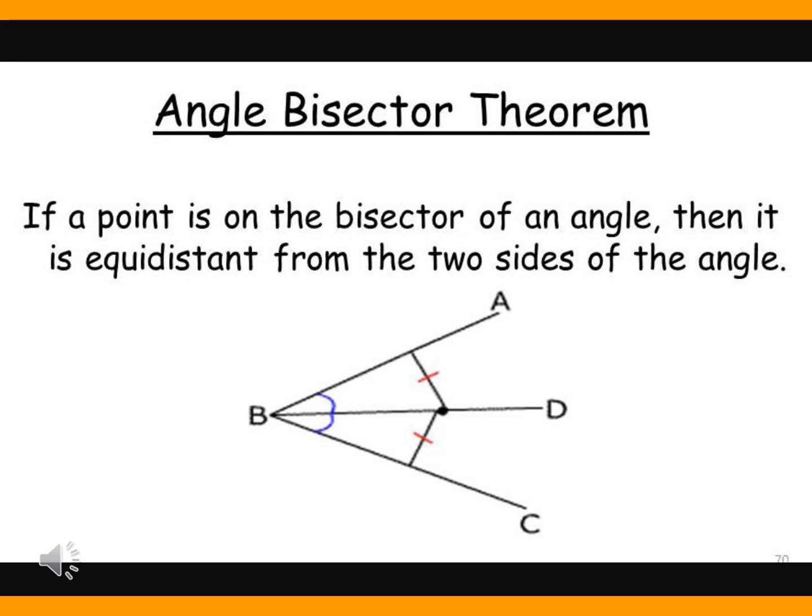So if I drew a point anywhere on BD, the bisector of the big angle I have here, then it's going to be the same distance to get to the side that's at the top and the side that's at the bottom. Those have to be the same distance. If a point's on the bisector of an angle, it's equidistant from the two sides of the angle.